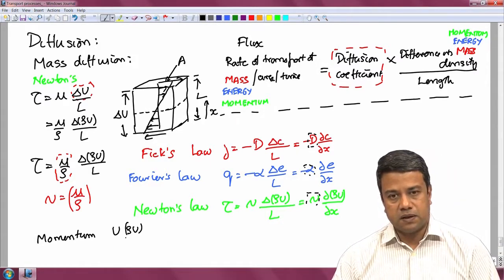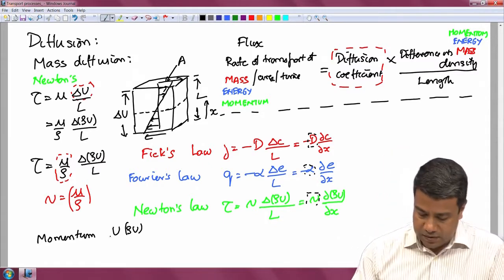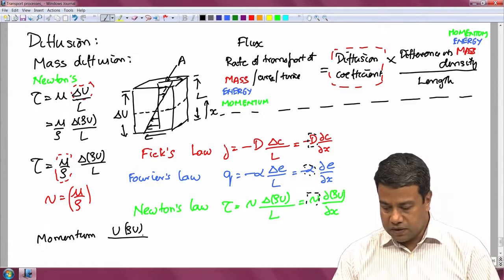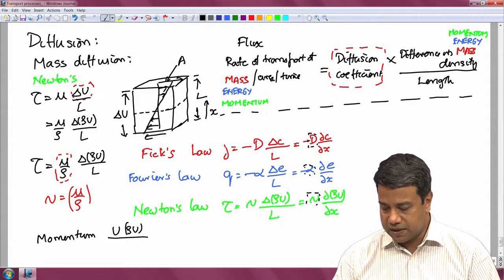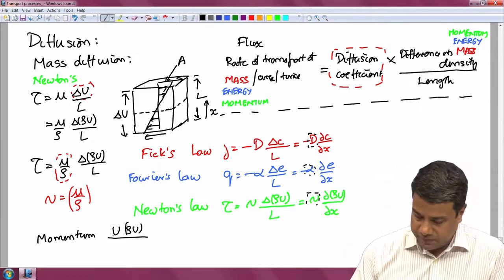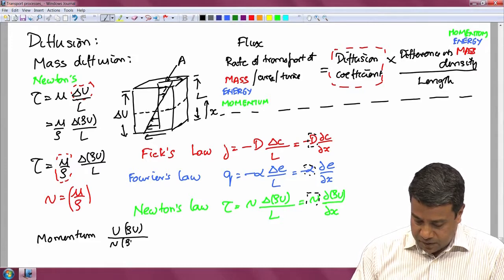So, that is the convective effect, the momentum density times the velocity. Diffusion goes as the kinematic viscosity times the momentum density divided by a length. So, nu into rho u by a length.